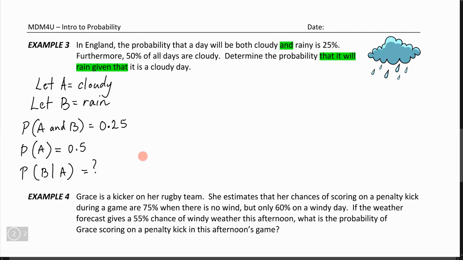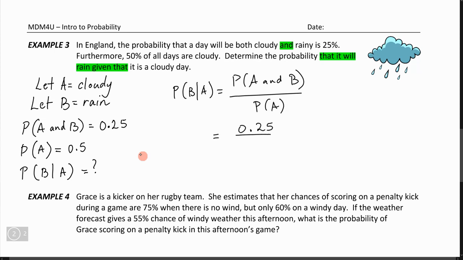So let's solve for it. The probability of B given that A has already occurred is equal to the probability of A and B divided by the probability of A. And that's going to be 0.25 divided by 0.5, and the end result is 0.5.